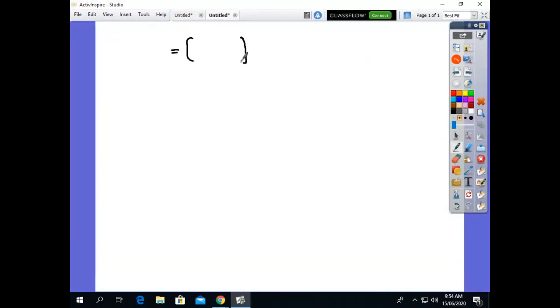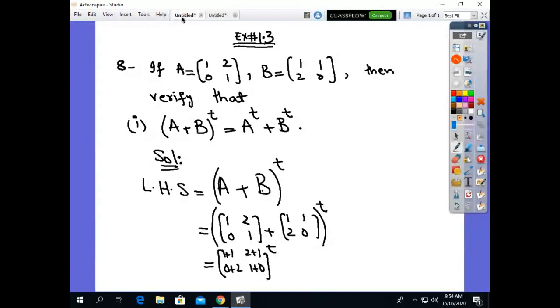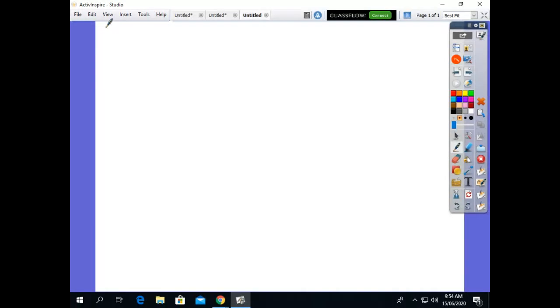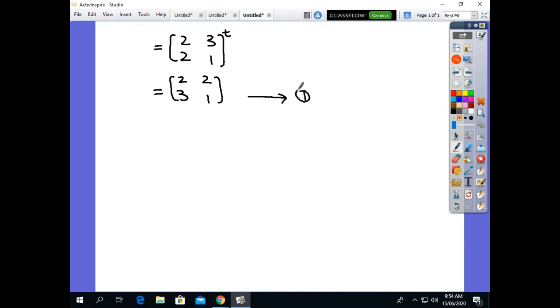It becomes [2, 3; 2, 1], whole transpose. After taking transpose we get [2, 2; 3, 1]. In transpose we convert rows into columns and columns into rows. It's equation number 1. Now we take right hand side.